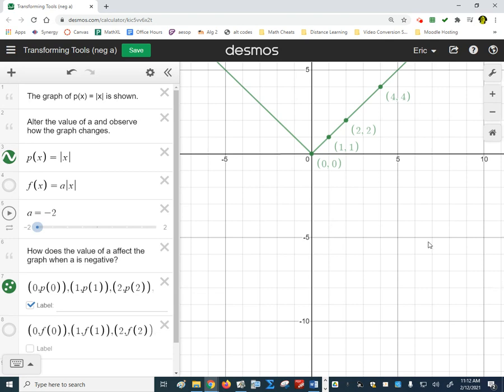You guys tell me really quick, what's going to happen to that point right there on my function? Let's pick that one where normally I would go over by 4 and up by 4. What's going to happen on my dilated function when the ant goes 4 to the right? Where's he going to go vertically?